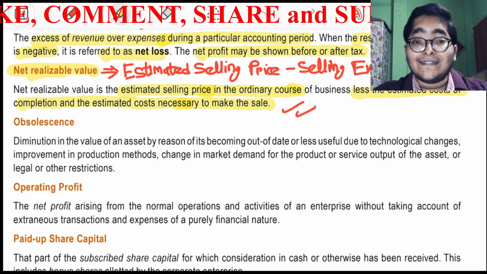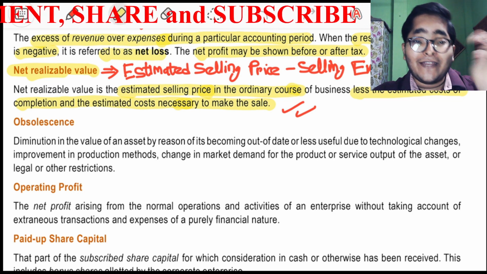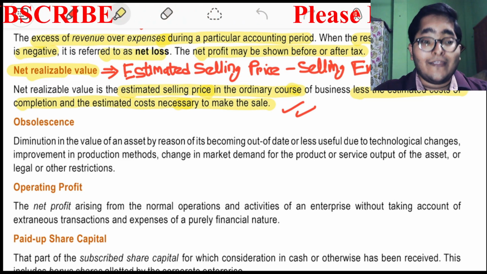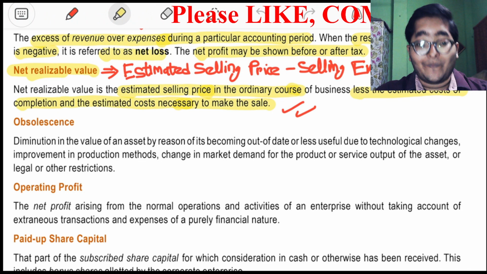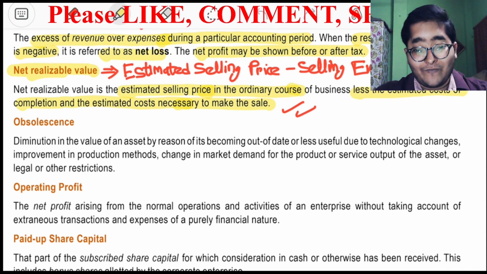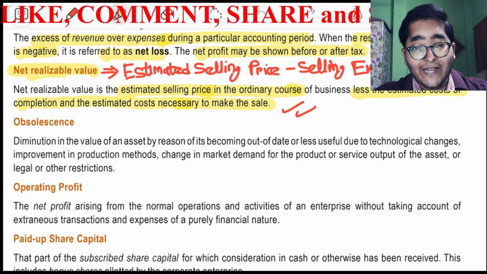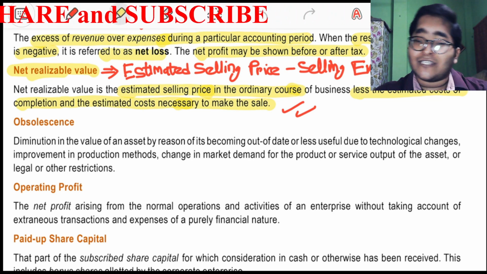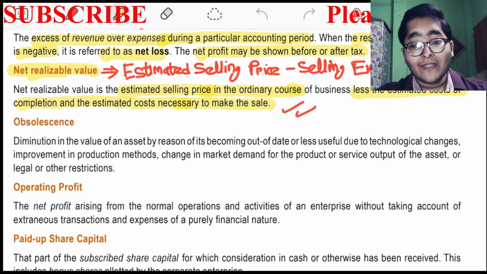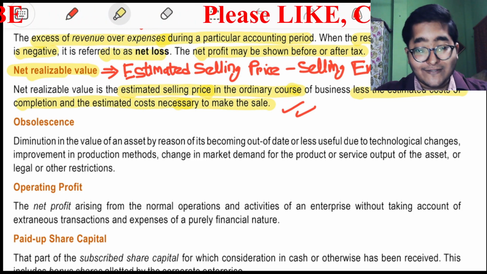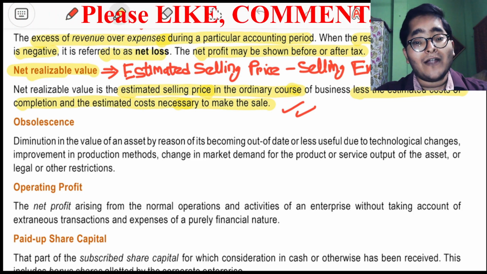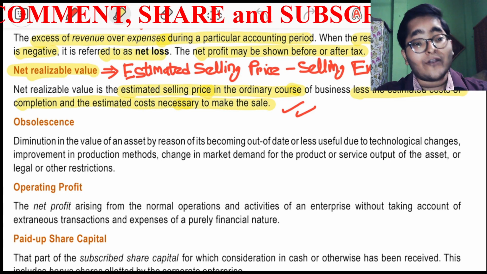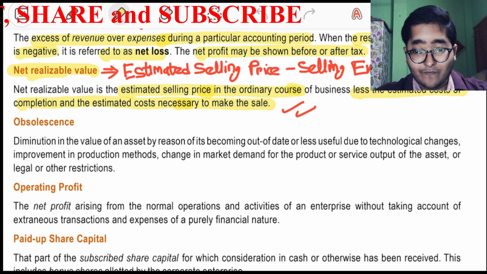So, obsolescence is the diminution, the reduction in the value of an asset for becoming out of date or less useful due to technological changes, improvement in production methods, change in market demand for the product or service, output of the asset, or legal or other restrictions.